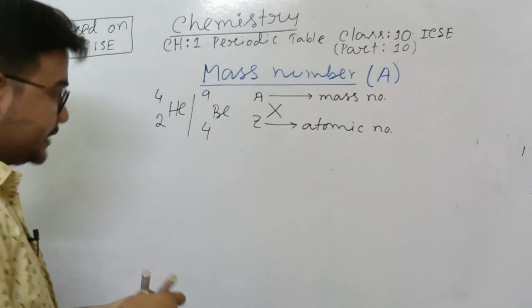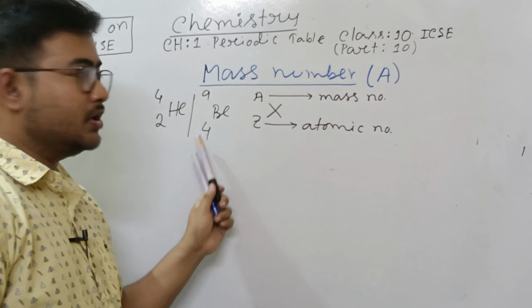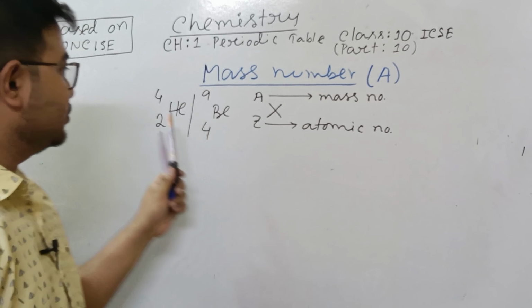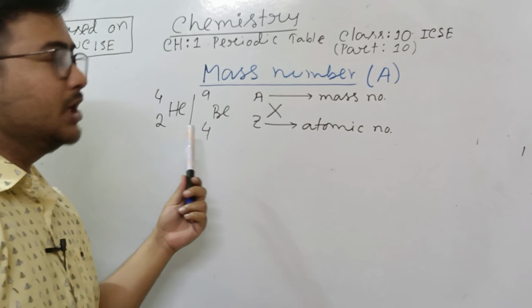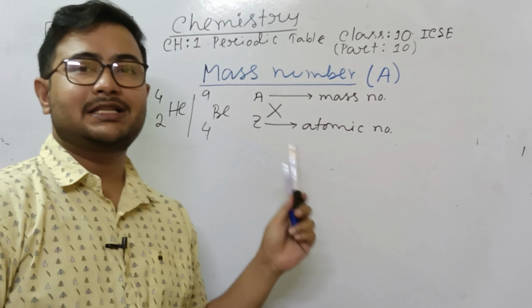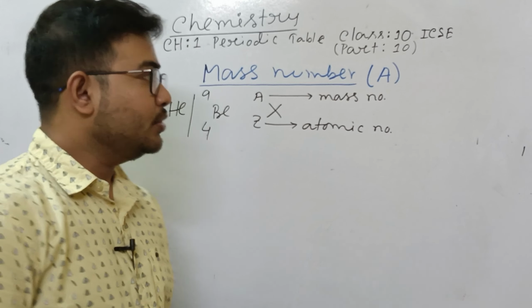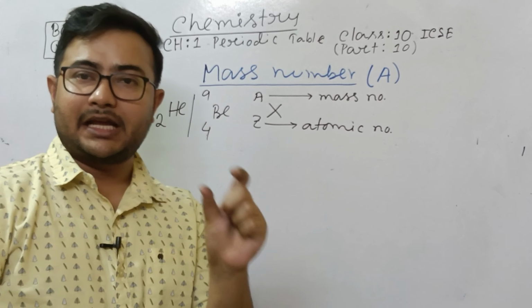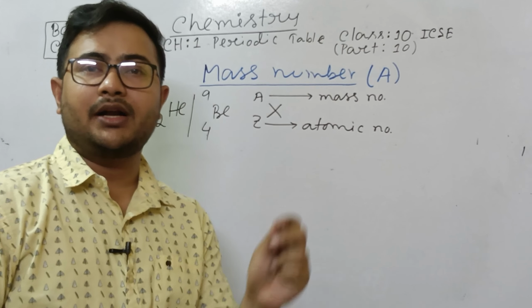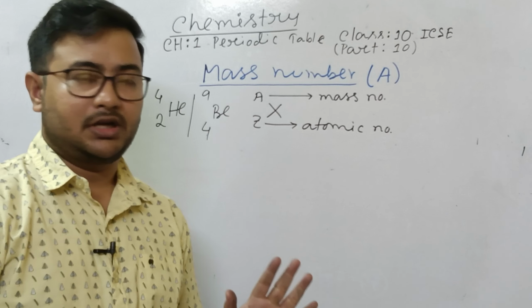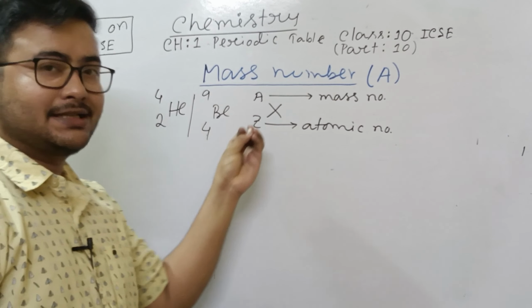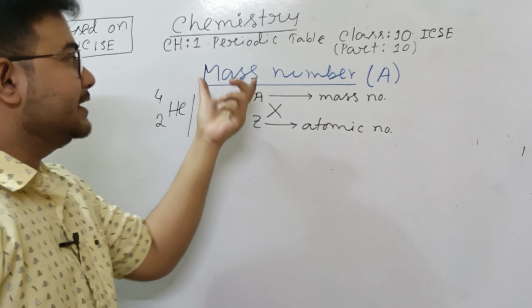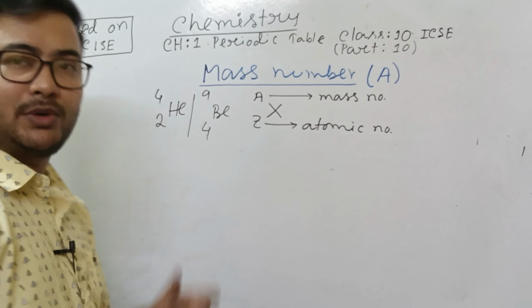So in case of beryllium, what is the atomic number? 4. What is the mass number? 9. So memorize these two examples, because if the question comes in the exam, define mass number. Always after the definition, try to give at least one example.